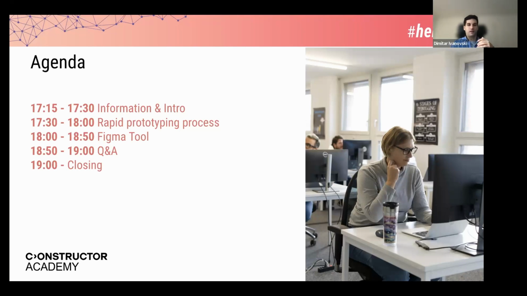The workshop is about rapid prototyping and Figma, but we also need to understand what is behind it. Then we will all move into the Figma tool, where I'm going to show you some ways how you can build a prototype, what the prototype should look like, and then we will close with Q&A and some final statements. So this is our agenda.